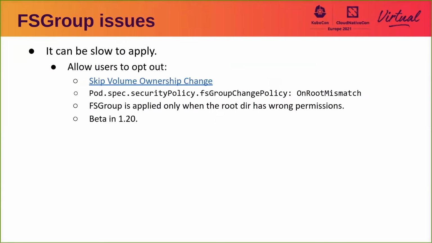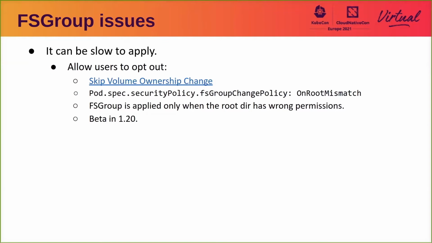There are a couple of issues with FSGroup. The first one is that it can slow down pod startup. If there are millions of files on a volume, Kubernetes will do the recursive change of all files on the volume every single time the pod starts. So in Kubernetes 1.20, we have a way how a user can opt out from this by setting a flag in the pod security context.